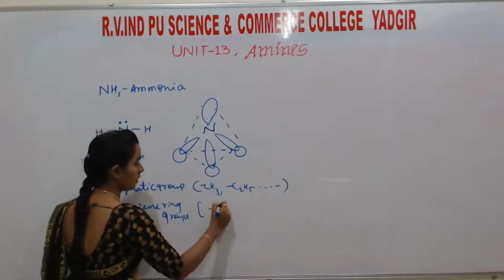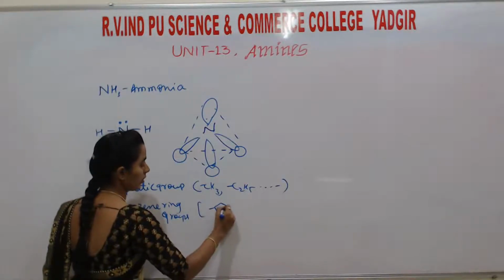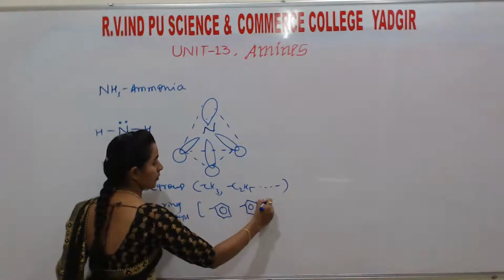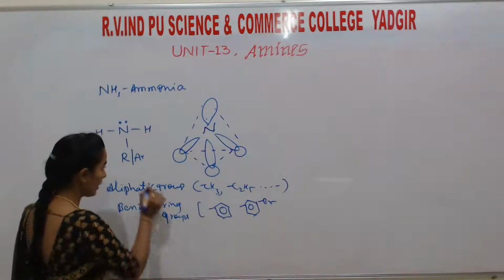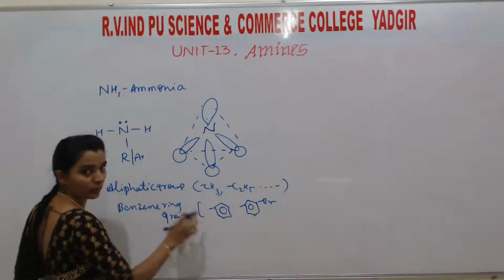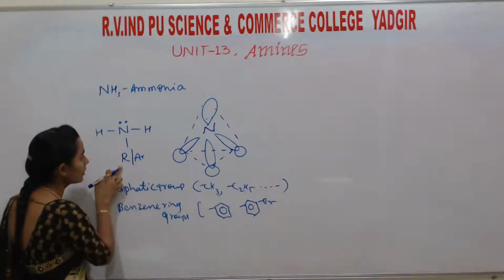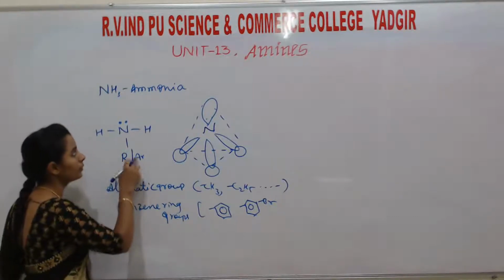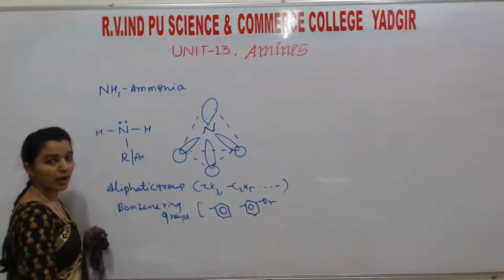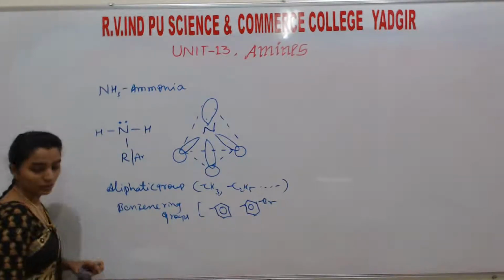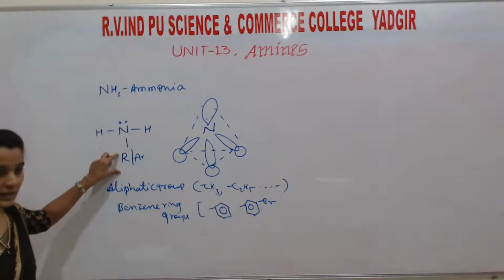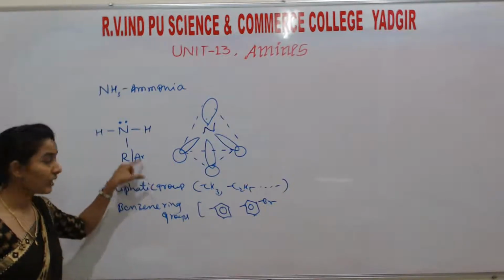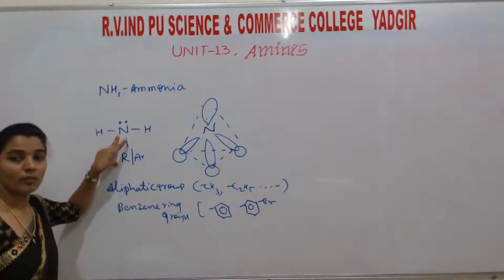It consists of at least one benzene ring. Understand? If any one of the hydrogens is replaced by an alkyl or aryl group, then they are called amines. So the hydrogen in ammonia is replaced by an alkyl or aryl group. Then this is the derivative of ammonia.